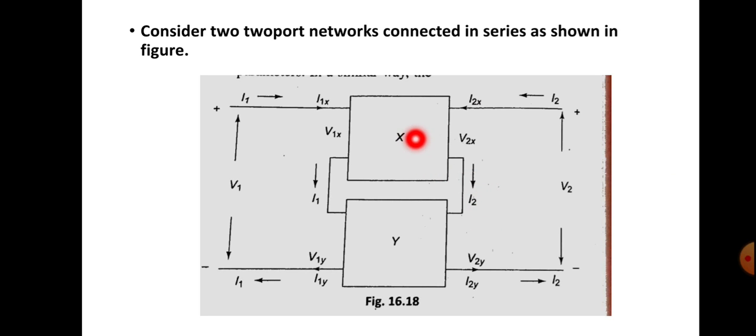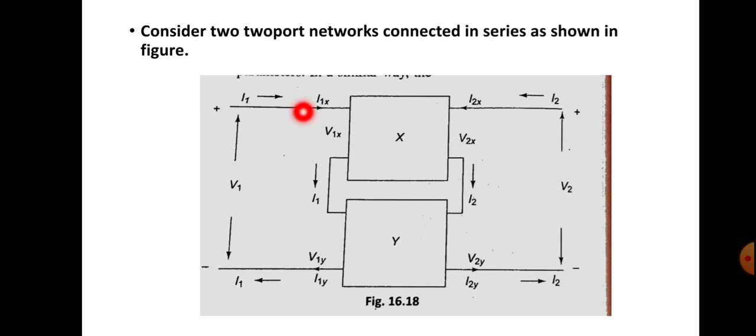You can see here X and Y are two independent two-port networks and we have interconnected the reference node of X with Y. Similarly, the input reference node of X with the input reference node of Y. You can see the connection, okay? So here the currents and voltages are marked.